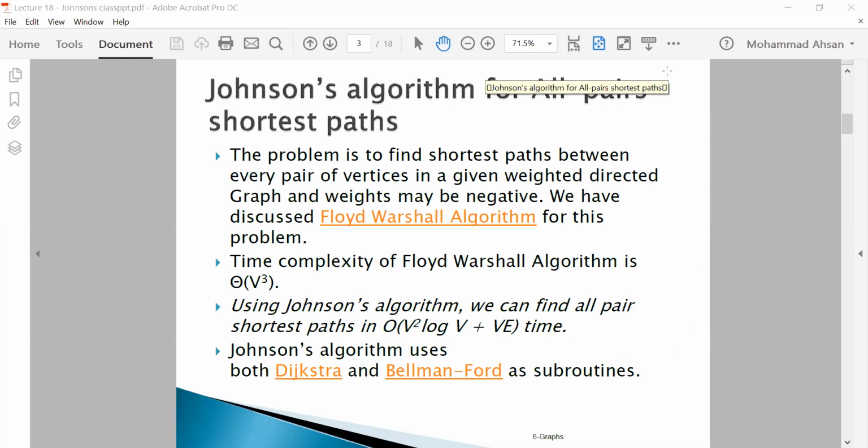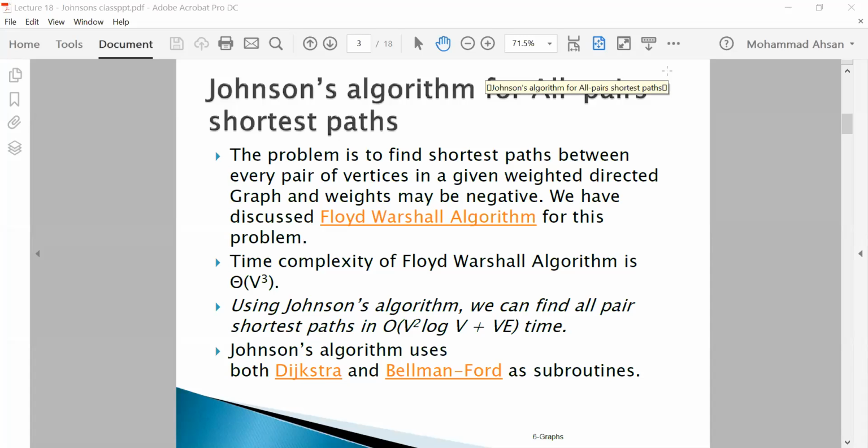So what we do is we use Bellman Ford to eliminate negative edges from the graph because Dijkstra's doesn't work on negative weights. Bellman Ford can detect negative cycles and it can work with negative weights. So we use Bellman Ford to remove the negative weights from the graph, and then we apply Dijkstra's algorithm for all the vertices in the graph.